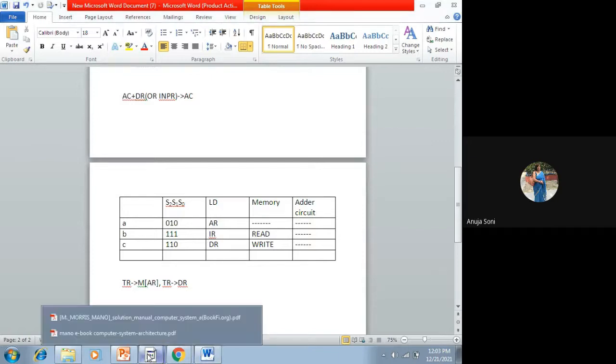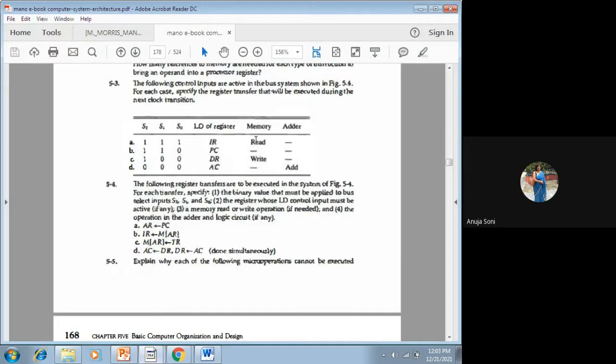And next part is the D part. D part is data will be transferred from DR to AC and AC to DR, meaning swapping of data has been done simultaneously, in the sense that without changing the value of S0, S1, S2 twice.